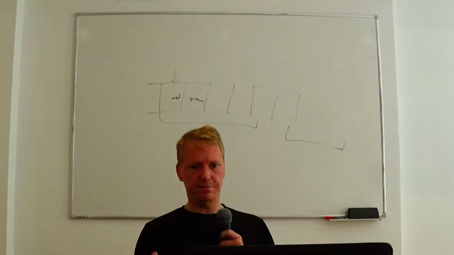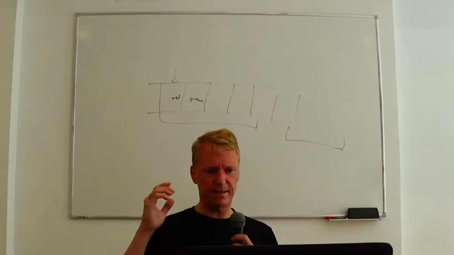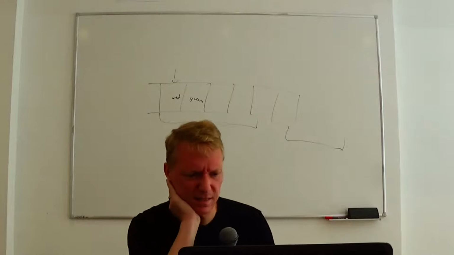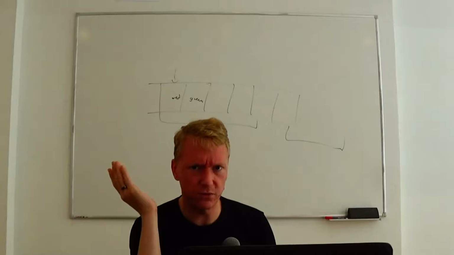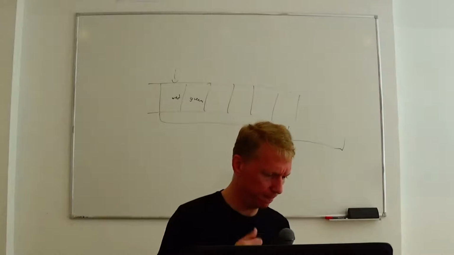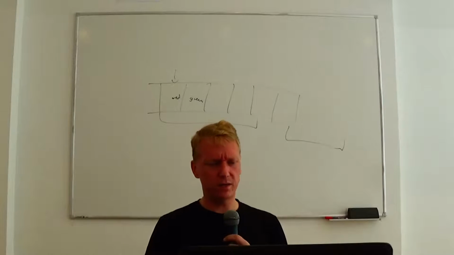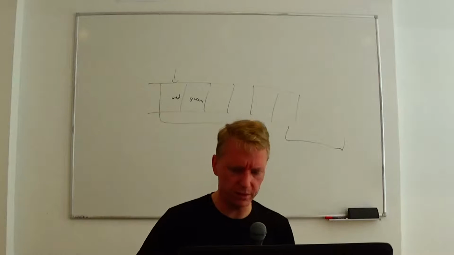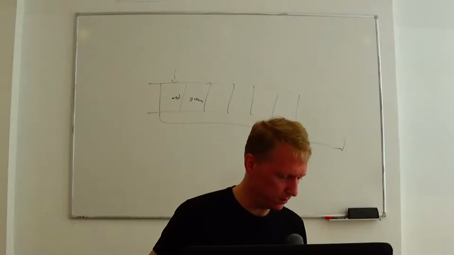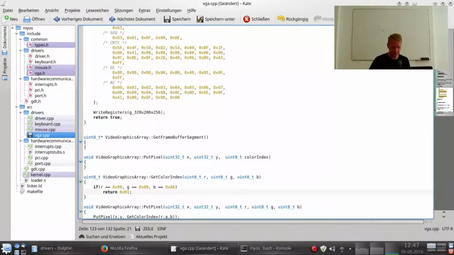So this is just the index. I think VirtualBox has this as a default setting. Although I've run this on actual hardware also, and it also worked, so it's probably standardized, I guess.